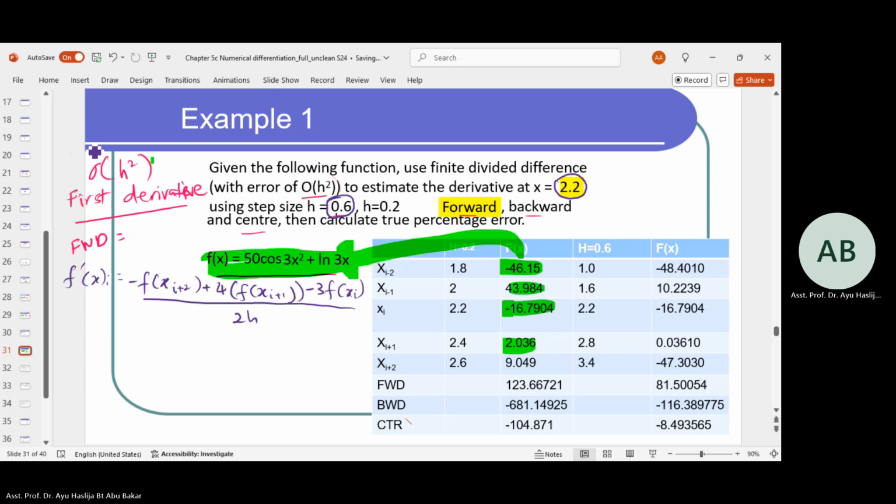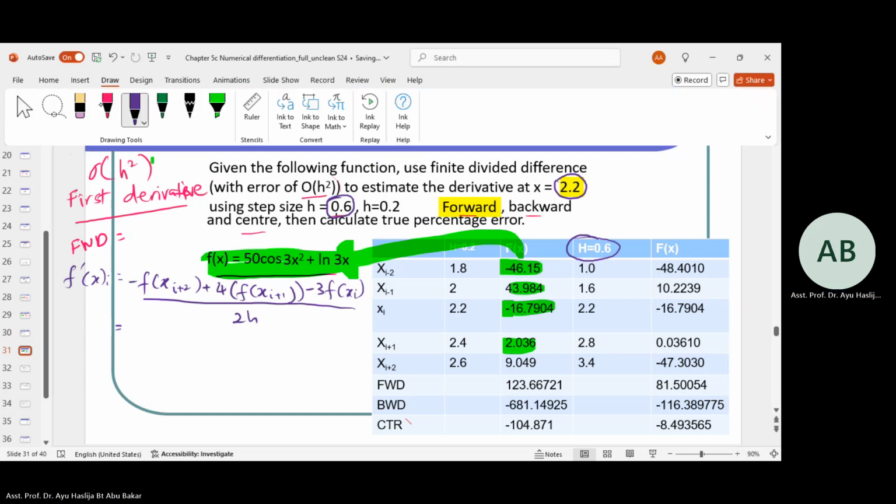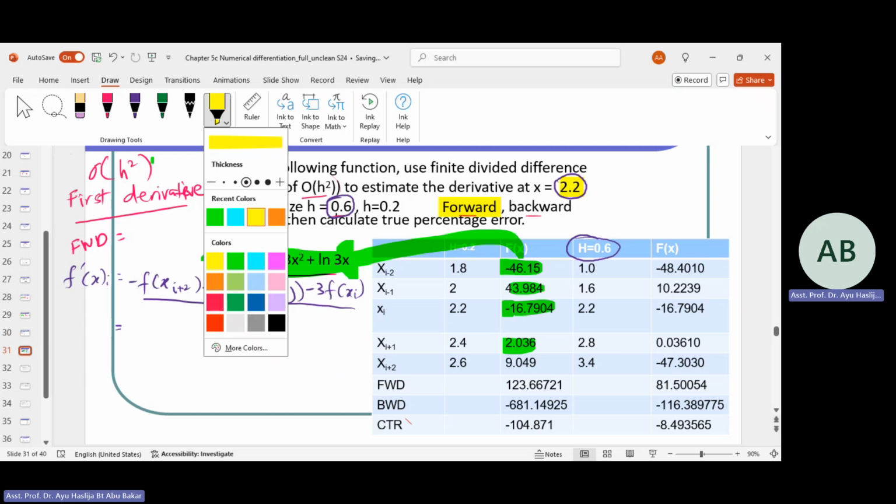So from here, which value is your fxi plus 2? We focus on h 0.6. Step size 0.6. So this is your x.